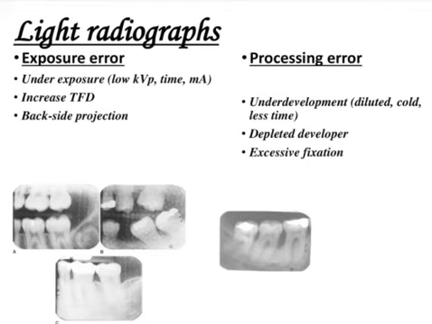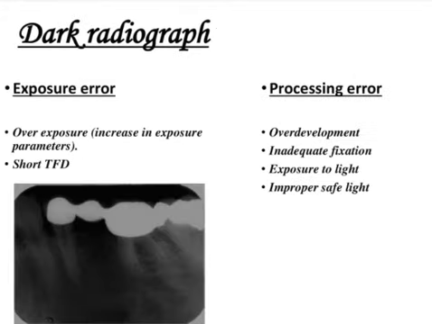Okay, so the reasons for dark radiographs are just the opposite of the light one, but here we don't have the lead tire track or lead herringbone pattern because there is no lead foil in the front side of the film. So this occurs when the film is kept with tube side towards the X-ray source.